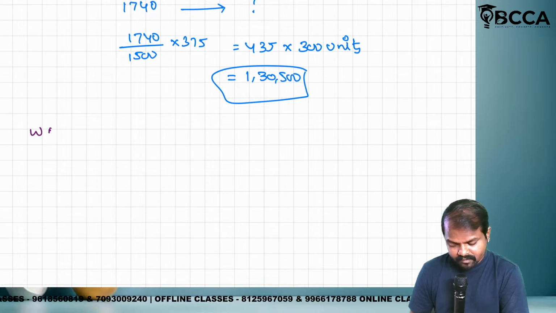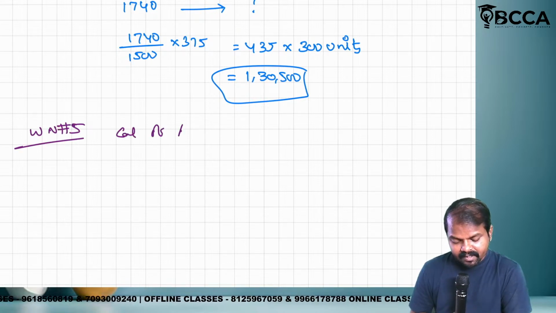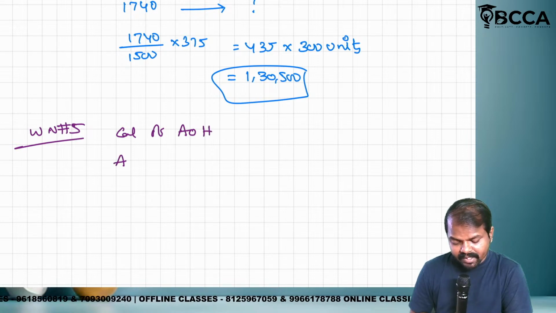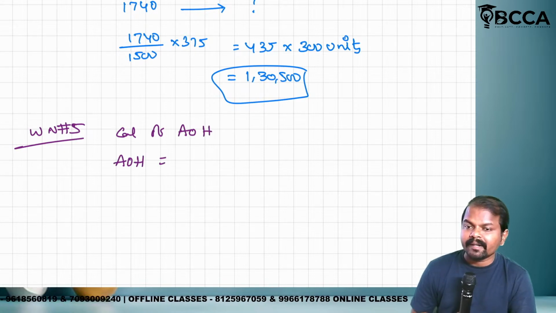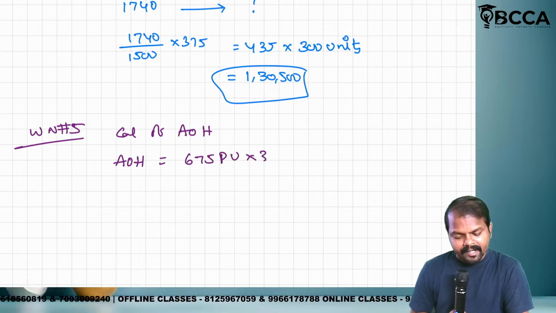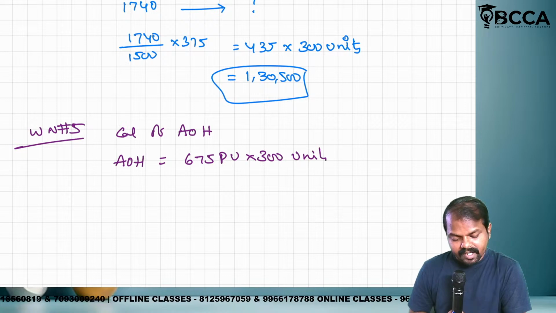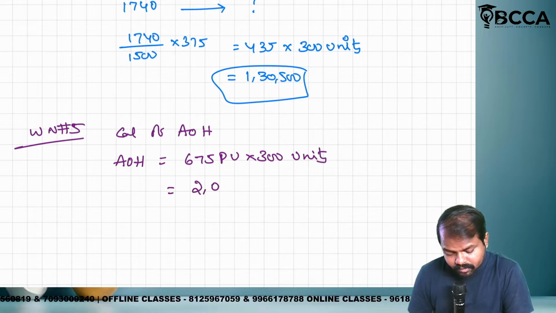Calculation of AOH: 1,35,000 divided by 200, it means 675 rupees per unit, into 300 units, 2 lakh 2,500.